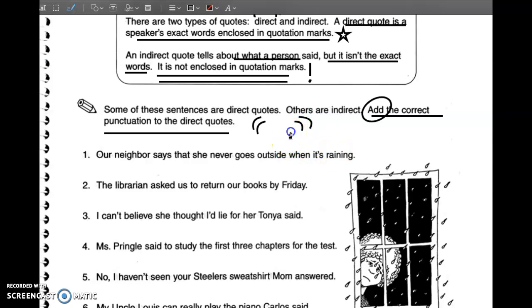It's going to include commas or periods. One of the two. It's either going to have a comma or a period.